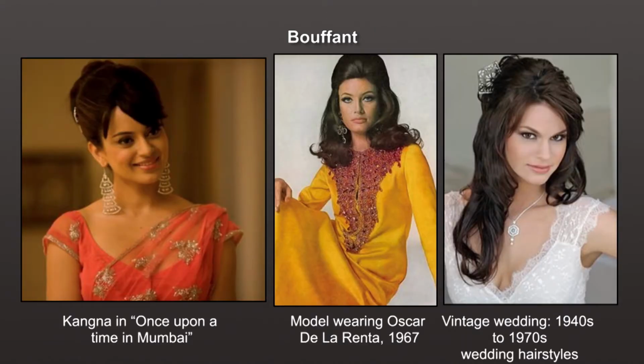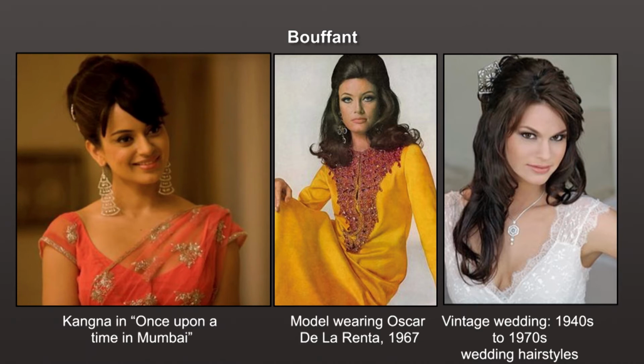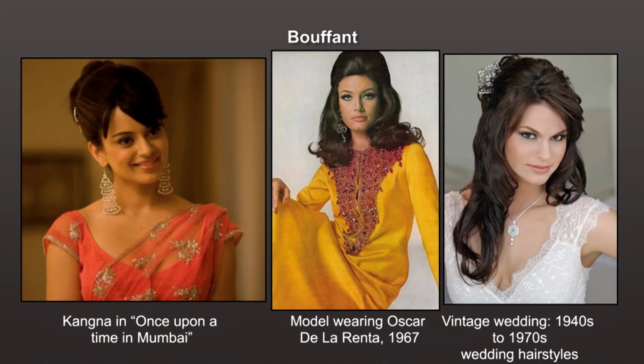The first picture is that of the current day's famous actress Kangna in the movie Once Upon a Time in Mumbai. We can again spot the bouffant style in a modern approach. The middle picture is that of a model wearing a dress designed by designer Oscar de la Renta in 1967.